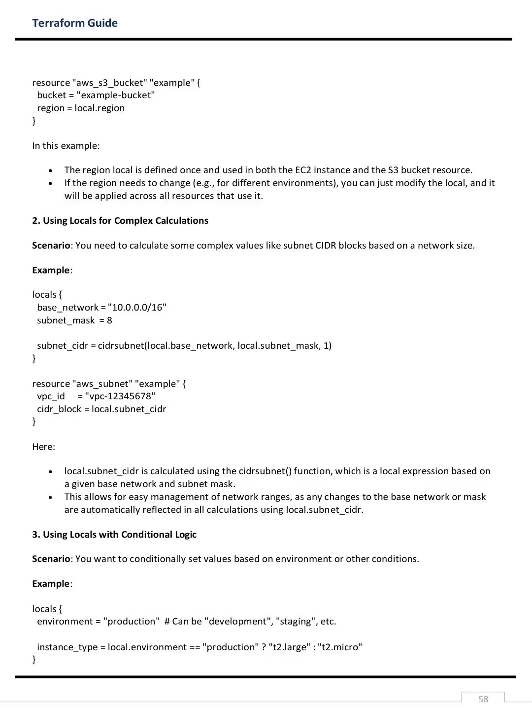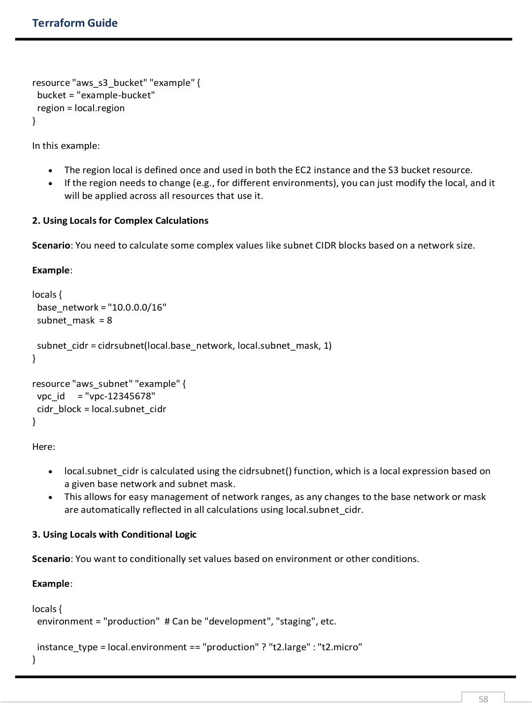In this example, the region local is defined once and used in both the EC2 instance and the S3 bucket resource. If the region needs to change, for example, for different environments, you can just modify the local, and it will be applied across all resources that use it.